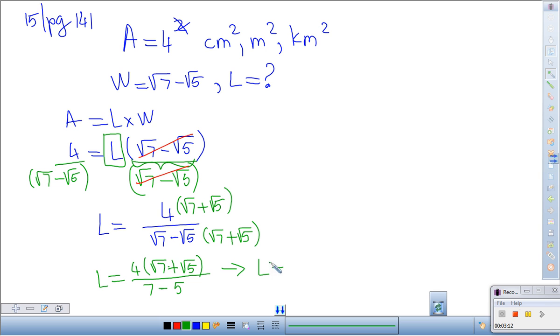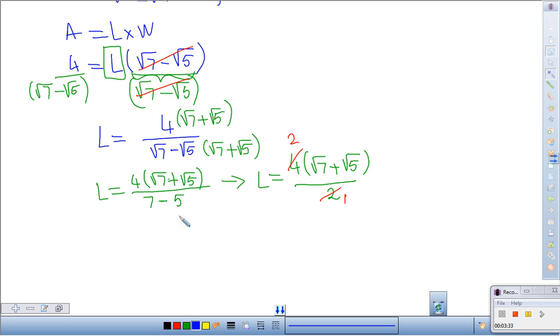So the length is 4 times radical 7 plus radical 5 over 2. We can simplify the numerator and denominator by dividing by 2, and we are left with 1, 2, and 1 in the denominator. And we can state that the length is 2 times radical 7 plus radical 5, or you could expand at this point and write it as 2 radical 7 plus 2 radical 5.